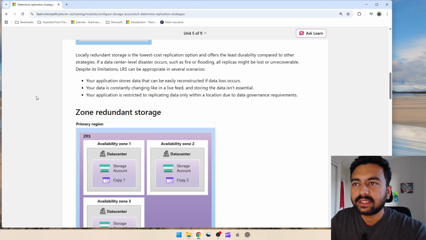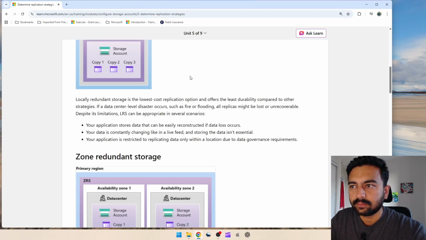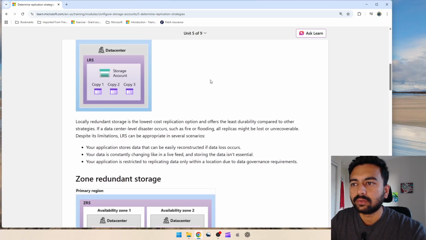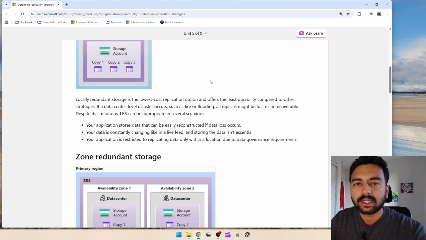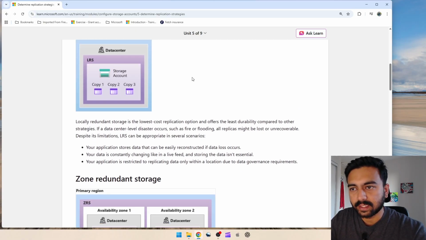What does this mean? If you have an application where the data is constantly changing and you don't need to keep a copy of the same data, it's okay if you lose the older copy. There are cases like that, and you can opt in for LRS.